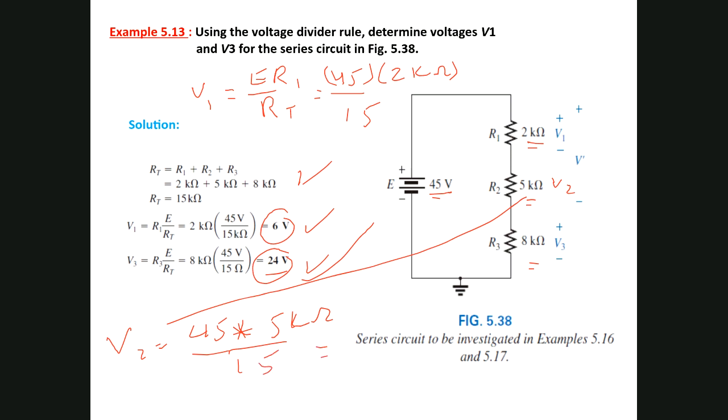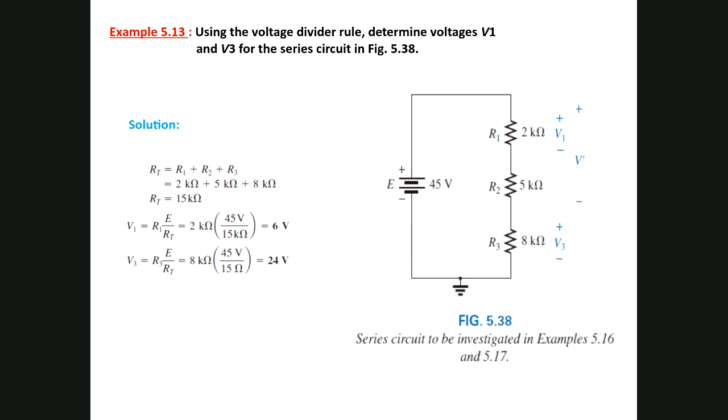The value here, plus the 24, plus the 6 volts, must give the total supply. So the voltage divider rule is a simple formula that can be used to find the voltage drop across any load just by multiplying the source times Rx over the total resistance.